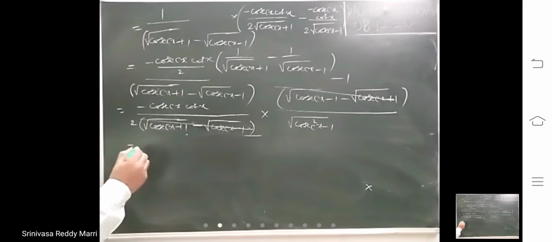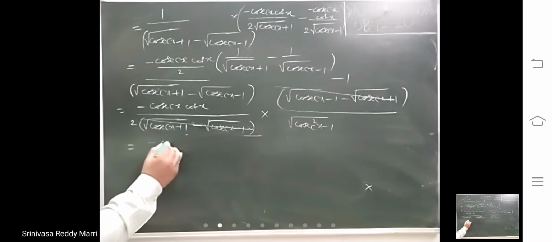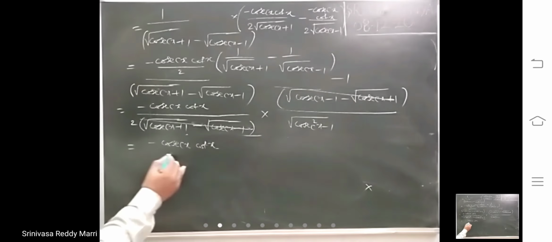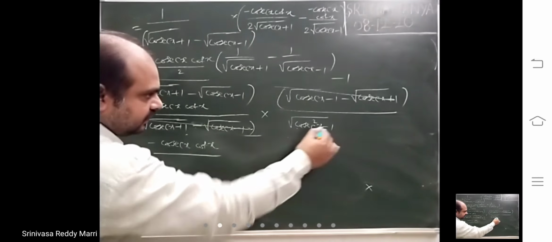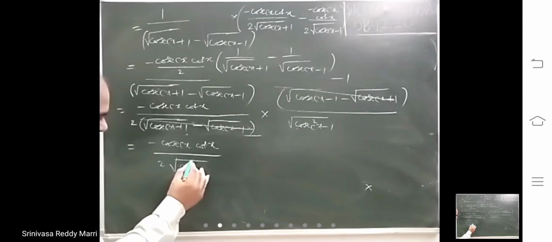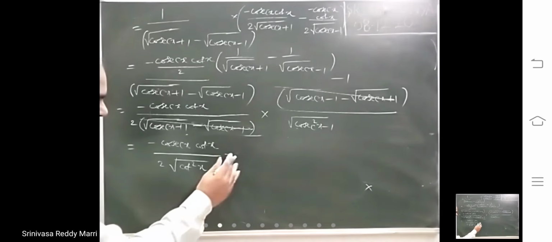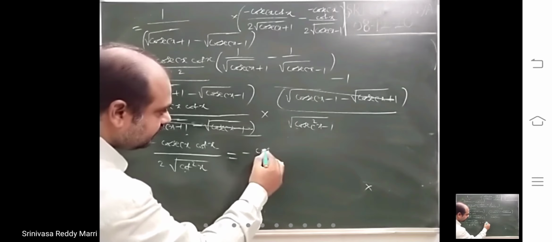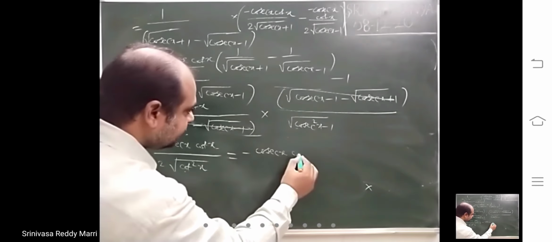So this is minus cot x divided by 2 into the root of cosecant square x minus 1, which is cot square x. So root of x square, what I told, you have to write modulus x: modulus cot x.